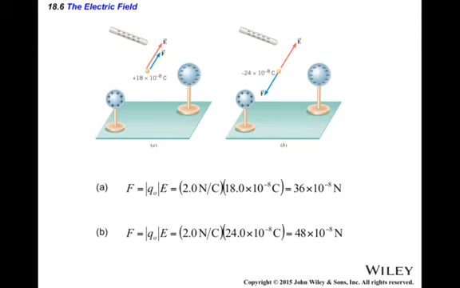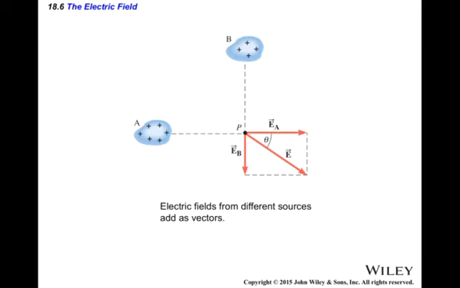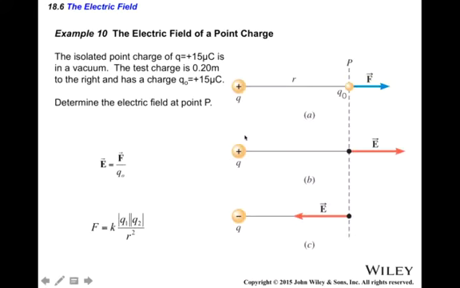That's one equation for the force. Again, notice the electric field is a vector, and so at this point P, if we knew the electric field EB going this way, and we knew the electric field EA going that way, now notice, positive is coming out, then F equals Q1 Q2.